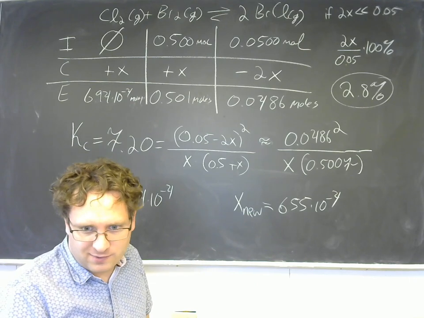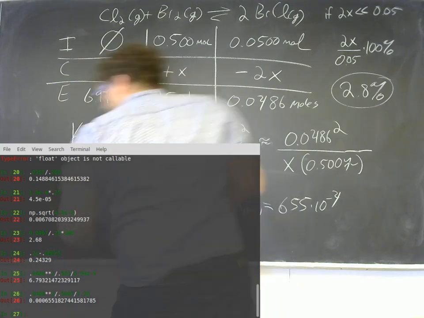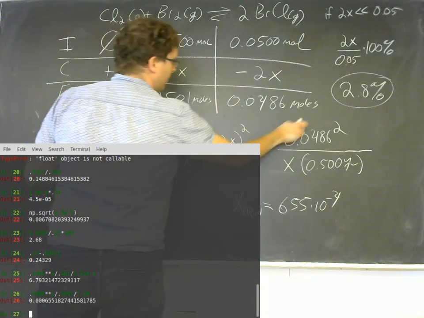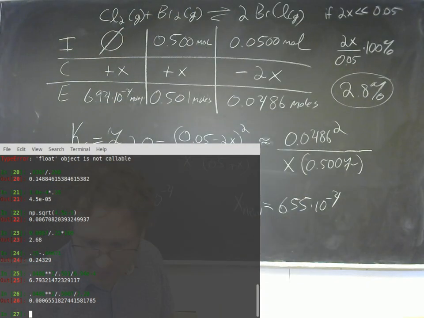Well, let's figure that out as well. So we're going to have 0.000655 is our value for x. Let's calculate now. I'll write them down here. New concentrations. So we'll have 0.05 minus 2 times 0.000655.